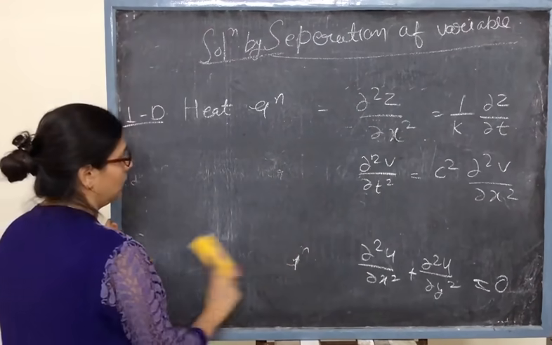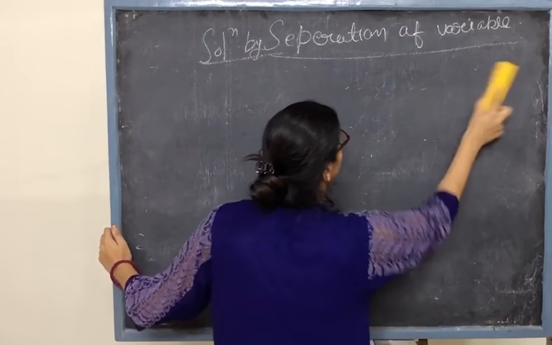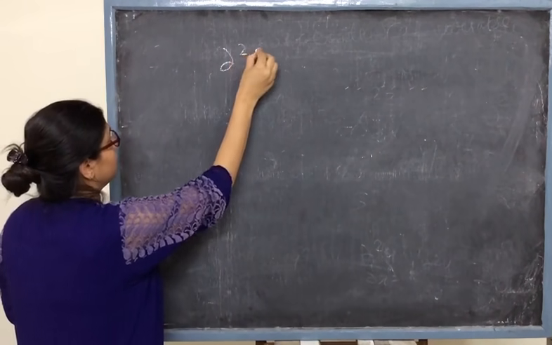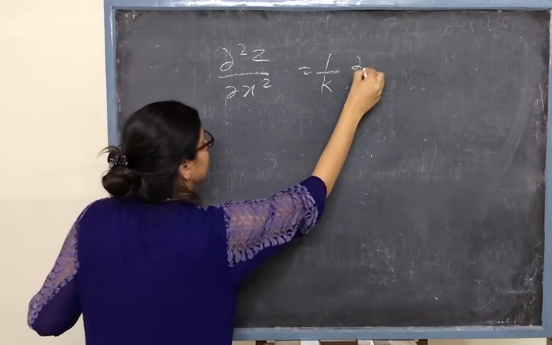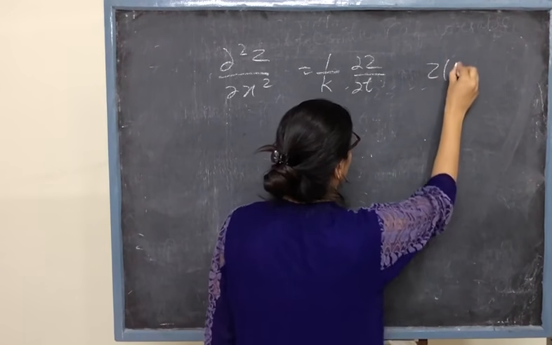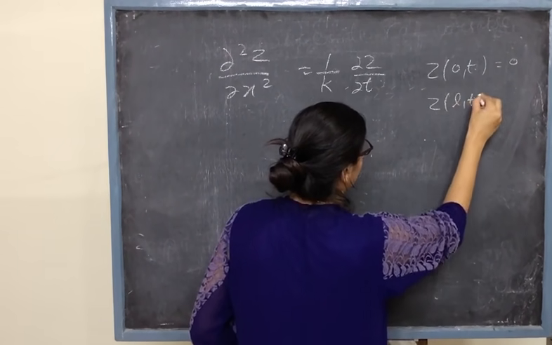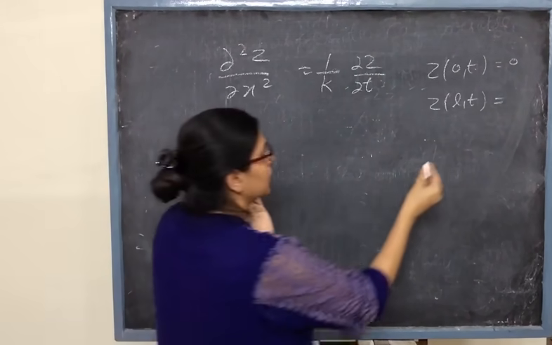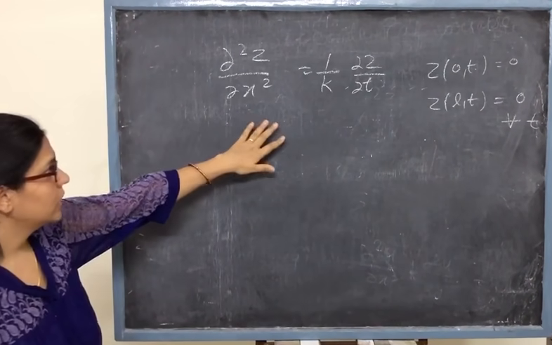Let us take the heat equation first. Let there be a heat equation del 2z over del x square equals 1 upon k del z over del t, with the boundary conditions z of 0, t equals 0 and z of l, t equals 0 for all t. Now this is our given equation.